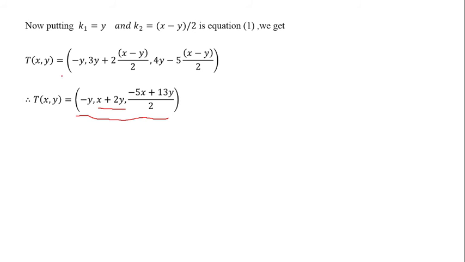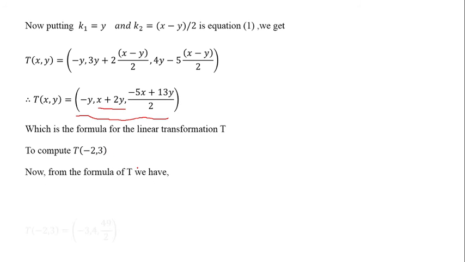If you want, you can verify that this T is a linear transformation; definitely it will be. So to compute T of (-2, 3), put x equal to -2 and y equal to 3. You will get T of (-2, 3) equal to (-3, 4, 49/2).